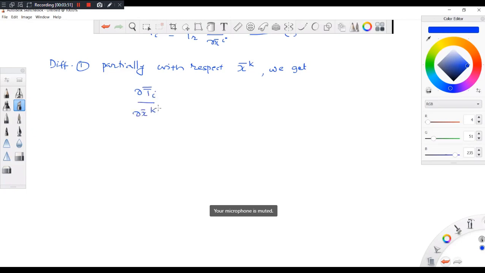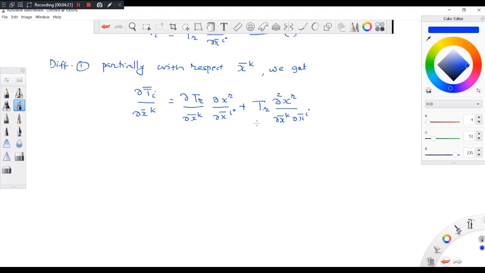We are differentiating with respect to x bar k. That will be equal to, applying the product rule, del T r by del x bar k into del x r by del x bar i, plus T r into del square x r by del x bar k del x bar i. Product rule applied here, so I got this one.